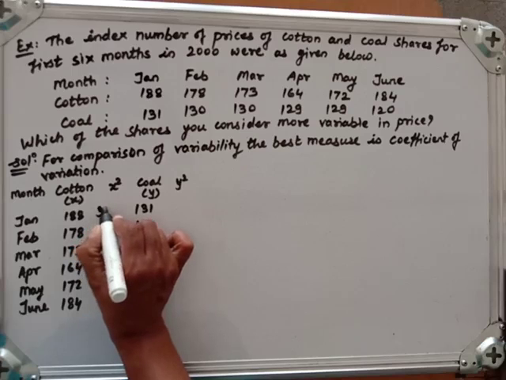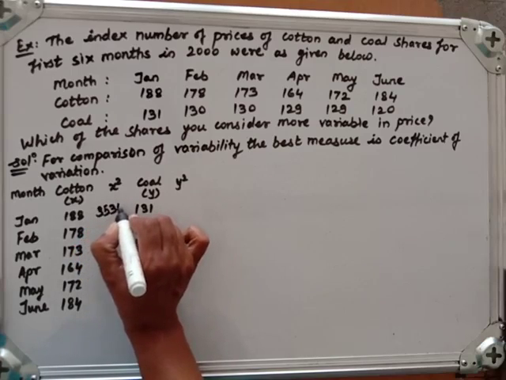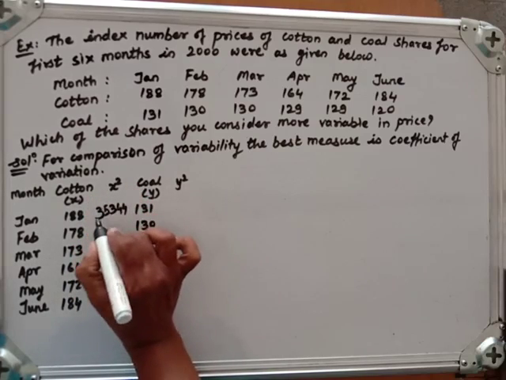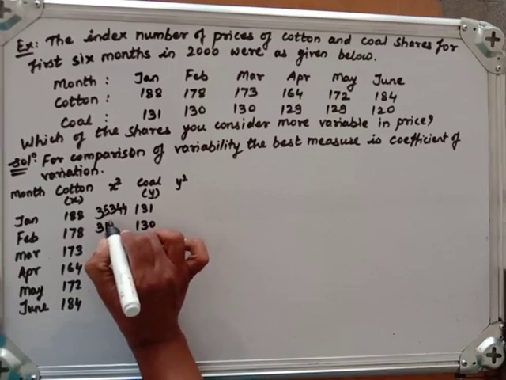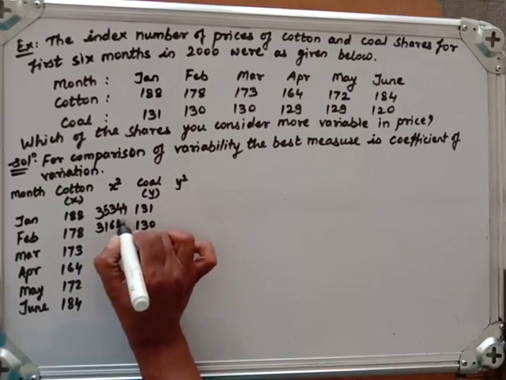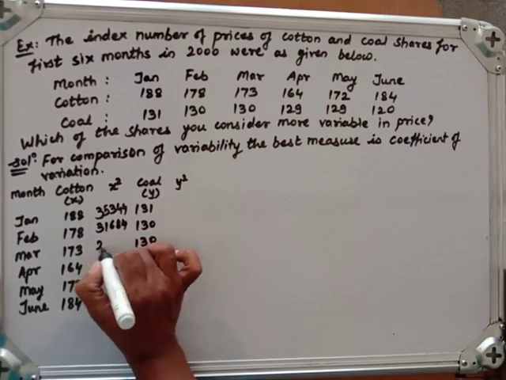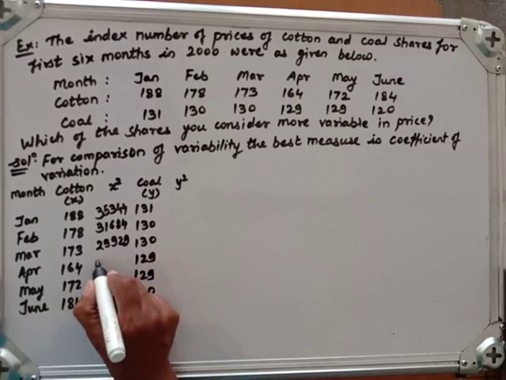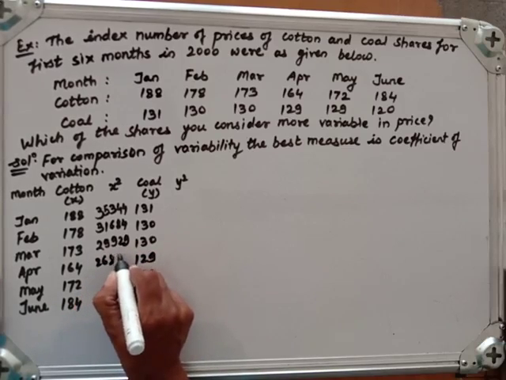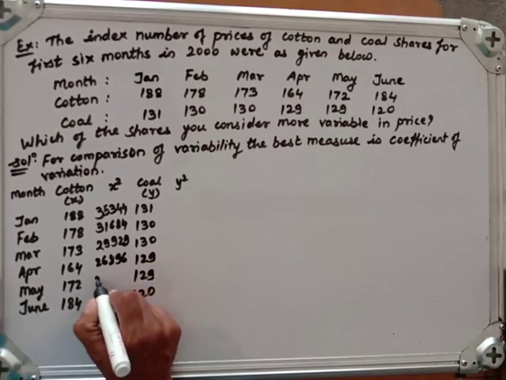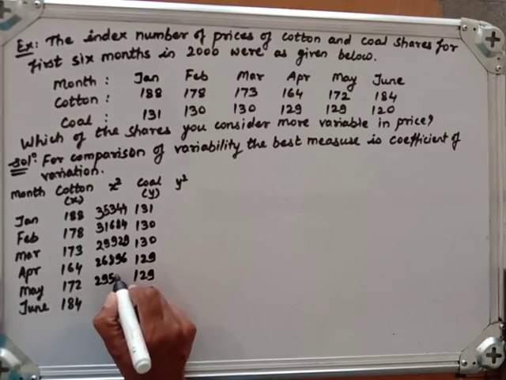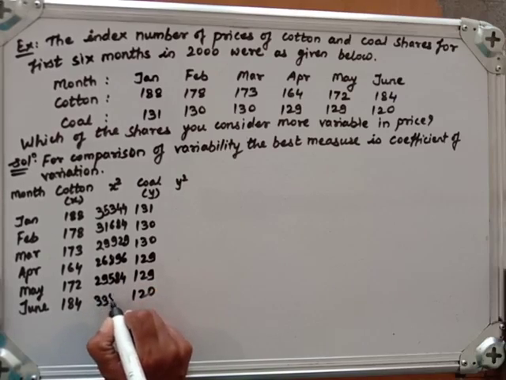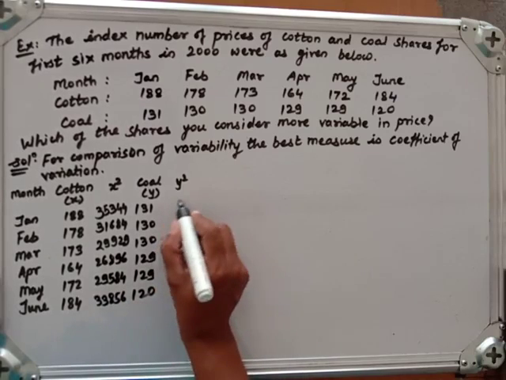The squares I have done are 35,344, 31,684, 29,929, 26,896, 29,584, and 33,856.